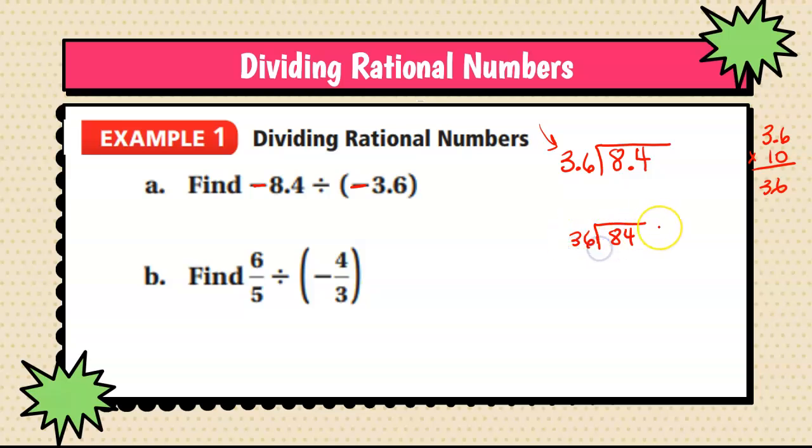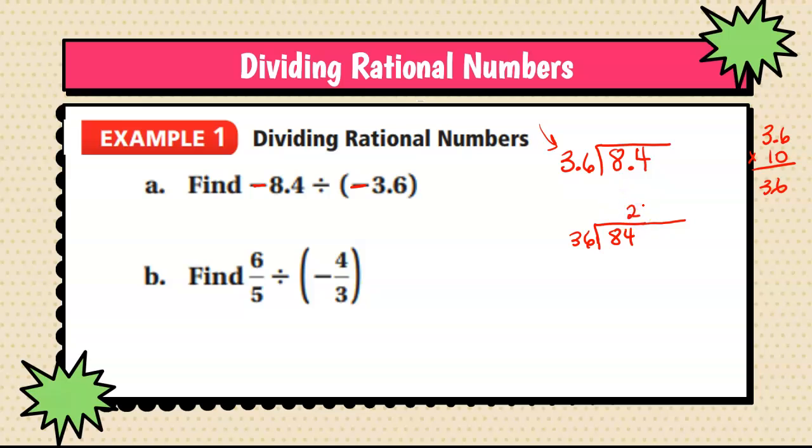It's a long division problem, and we've been working on this a little bit, that I can begin to divide out, and I don't have a pesky decimal there in my divisor. I'm going to ask myself, about how many times do I think 36 could go into 84? You can use some estimation, and you could say, well, maybe it goes in twice.